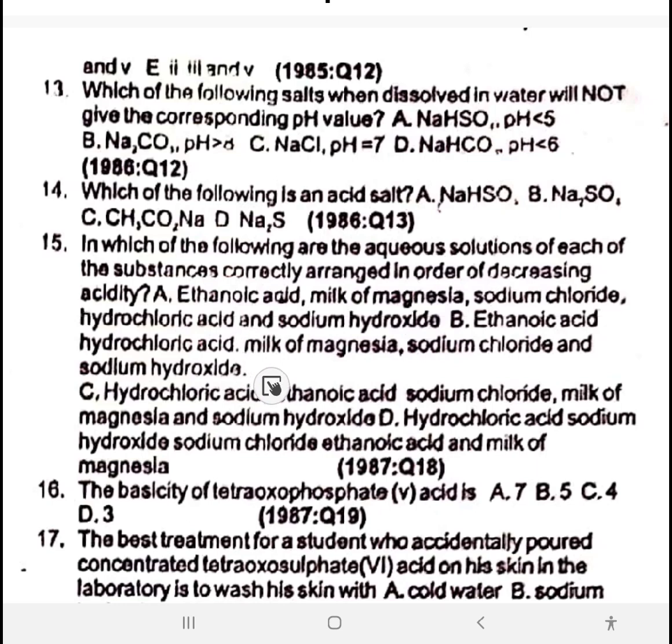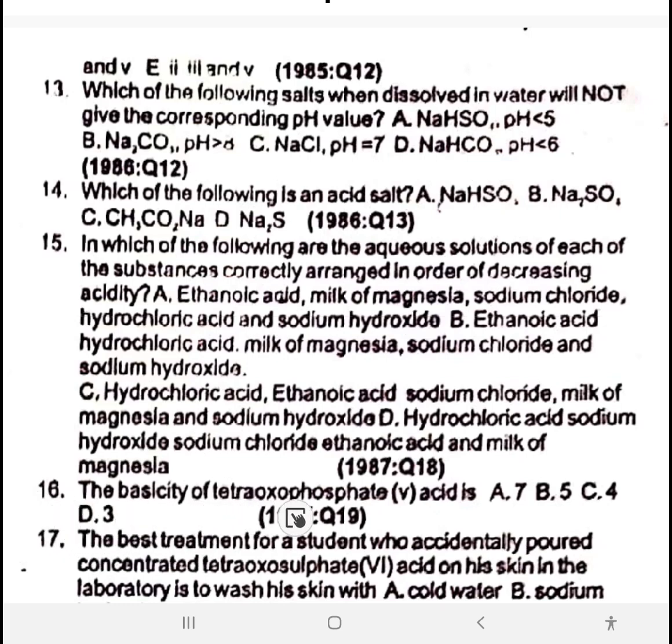Sodium chloride is a salt, milk of magnesia is basic in nature, while the last one, sodium hydroxide, is also basic in nature. Milk of magnesia has the chemical formula Mg(OH)2. Number 15 is option C, order of decreasing acidity.